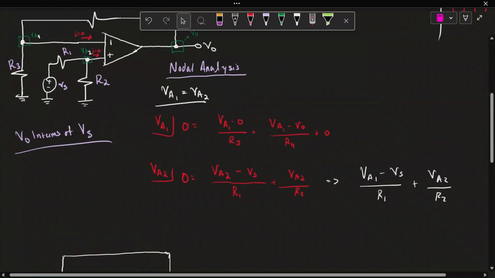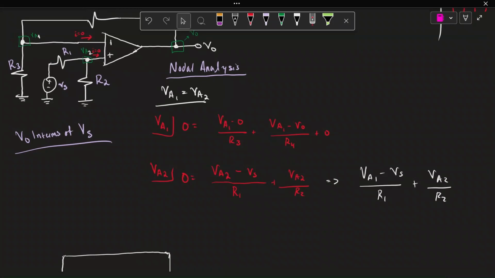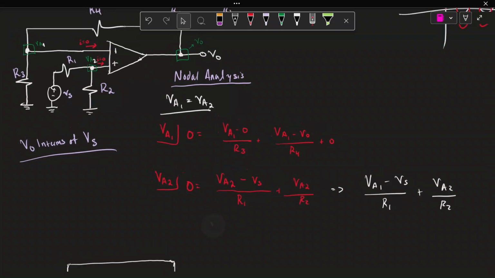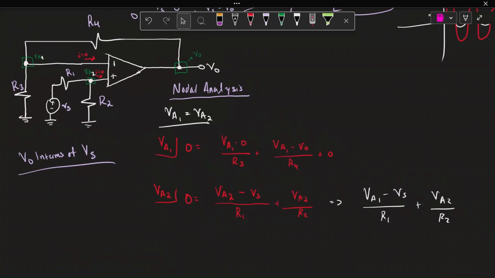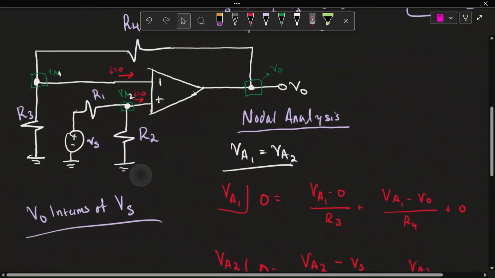The reason being is because we want to solve for Vout in terms of VS. One way we can do that is we can solve for the VS value in terms of one of our nodes. That might have been a little confusing, but what can we see here?